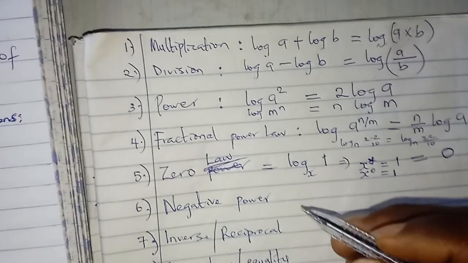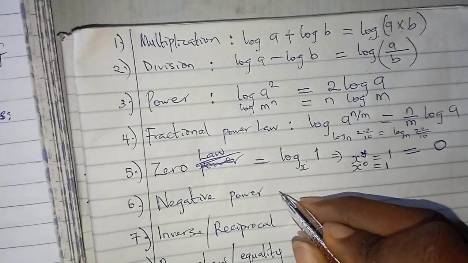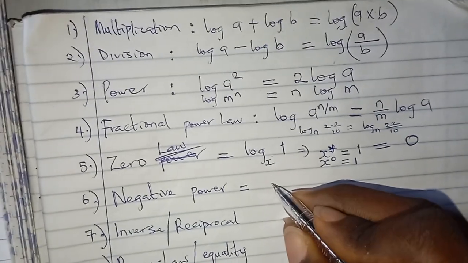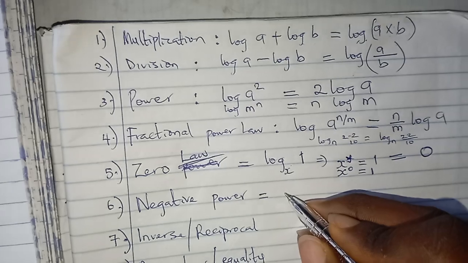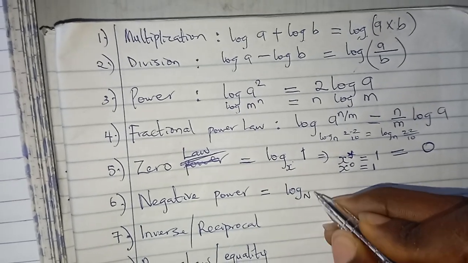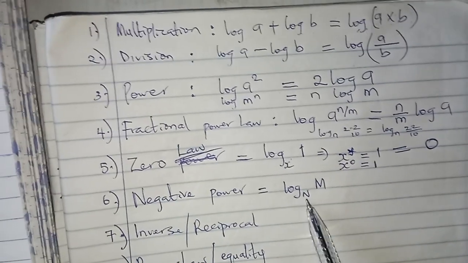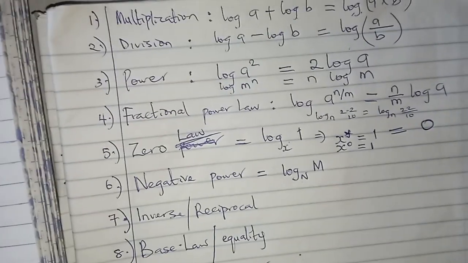So then for negative power, I know that if I have, let's say, log n to base m, notice that n and m have nothing in common.